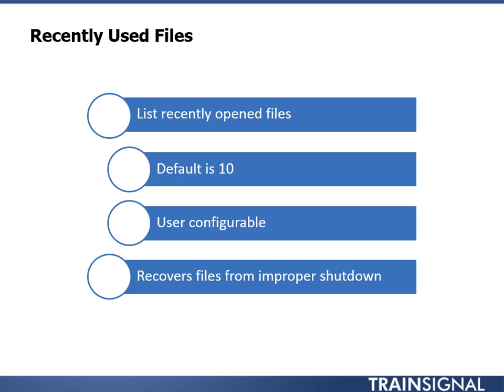The other nice thing about this, the ISE will automatically save files, and if the ISE crashes or does not shut down properly, the next time you start it, it will use that recently used list and the auto save feature and recover files that were not properly saved. So you don't have to worry too much. I mean, you should still do backups, but it's a nice little sanity check to help you should things really go wrong in your PowerShell session.